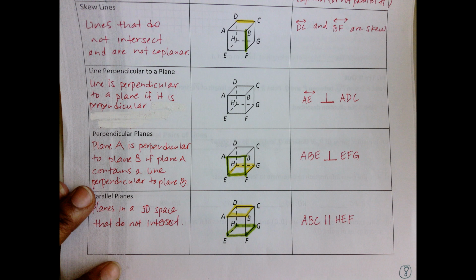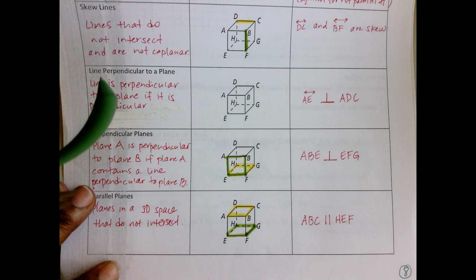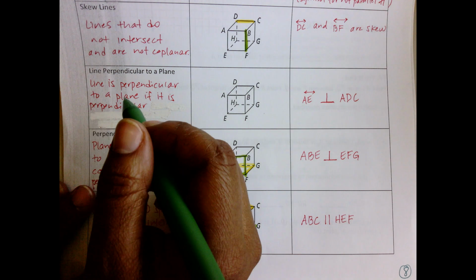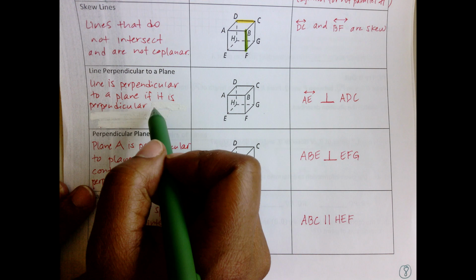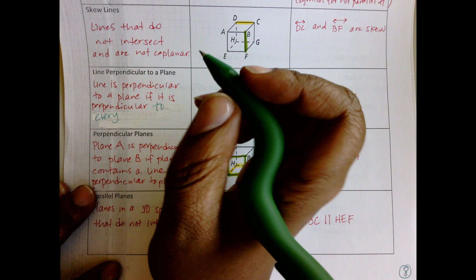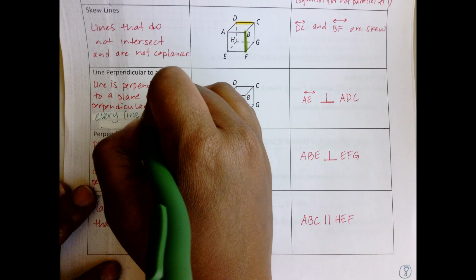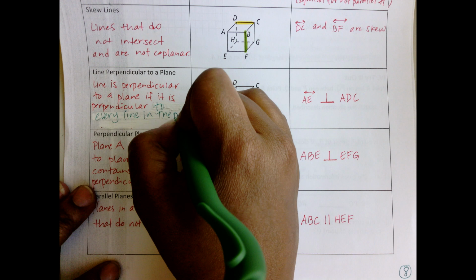Okay? So the next one, and the one that I said that we would return to, is line perpendicular to a plane. So a line is perpendicular to a plane if it is perpendicular to every line in the plane that it intersects.